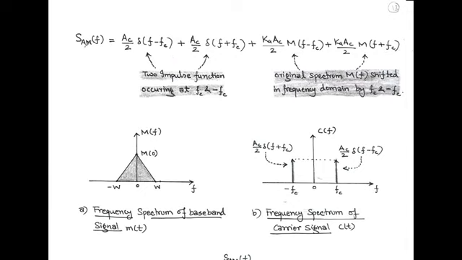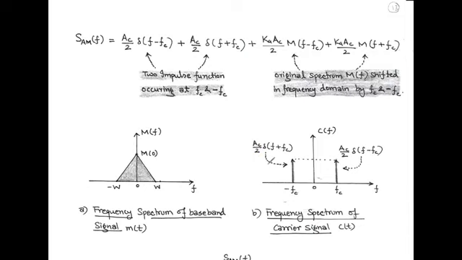According to this equation, we represent the frequency spectrum of a baseband signal having bandwidth W as shown in figure A. In the above equation, the first two terms represent the frequency spectrum of a carrier signal, that is denoted by C(f).